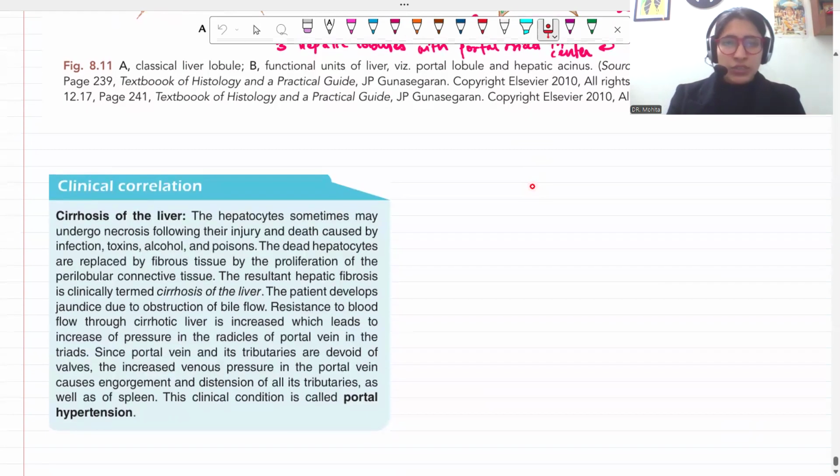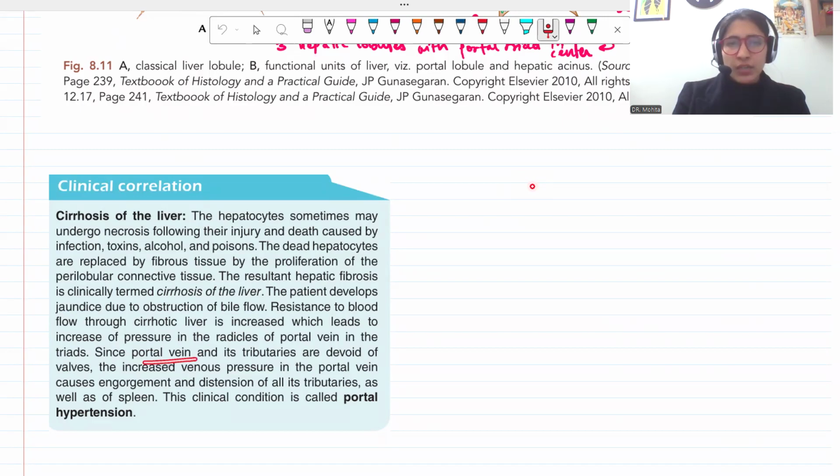What happens in cirrhosis of liver is the resistance to blood flow through the cirrhotic liver will increase. This resistance to blood flow will lead to increased pressure in the portal veins and their radicals.